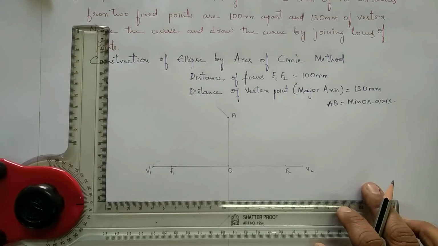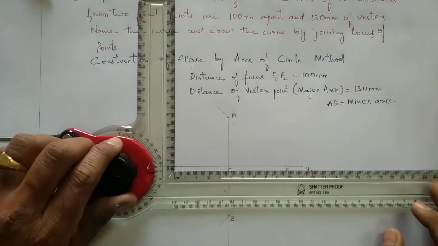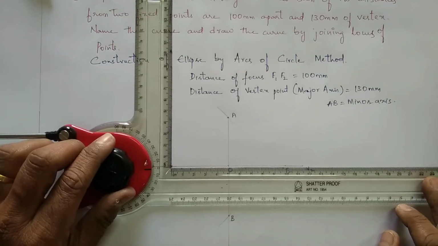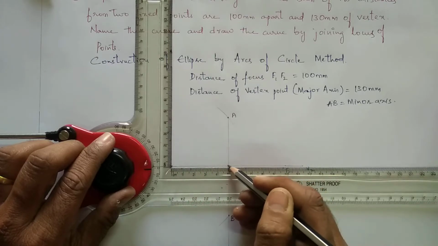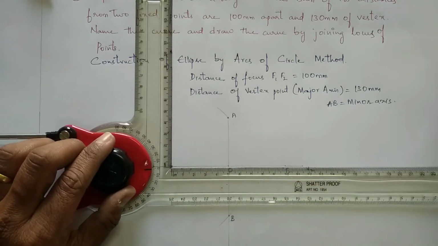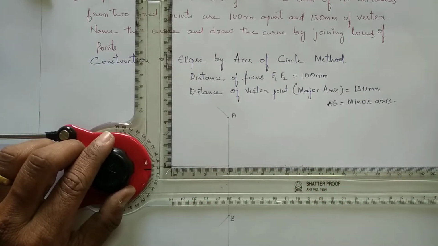Measure the distance from O to F1. Whatever distance we get, measure that distance and take some equidistant points. You can take around 4 to 5 points, or 4 to 6 points.